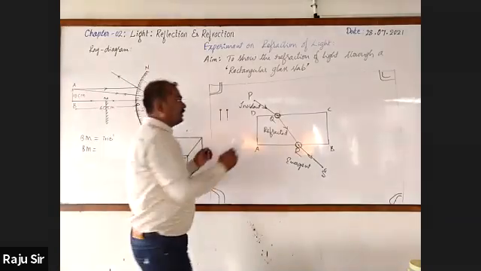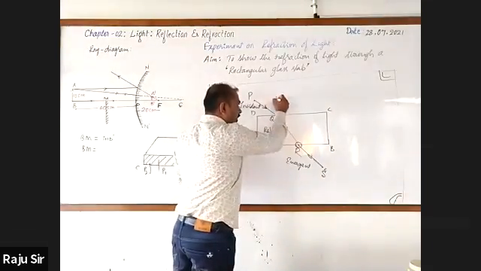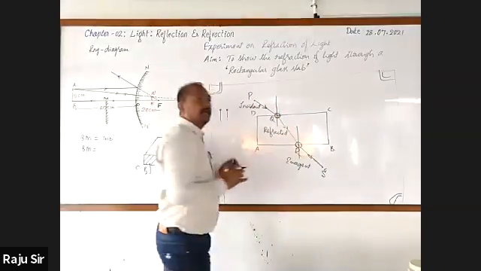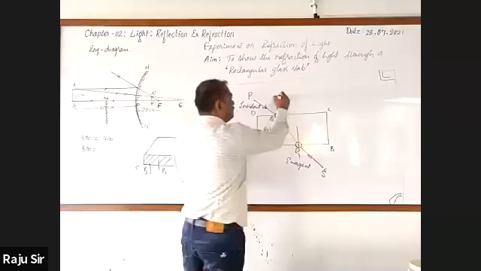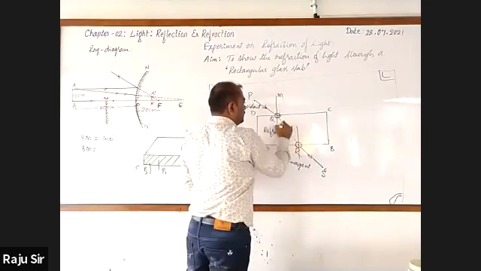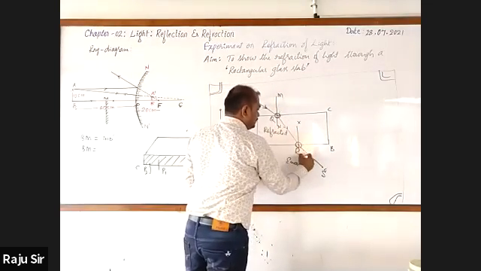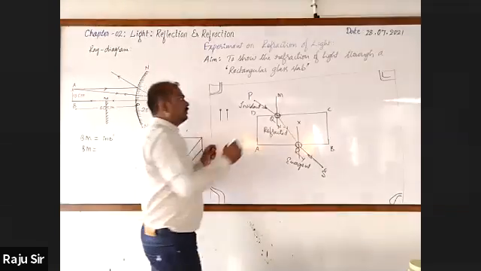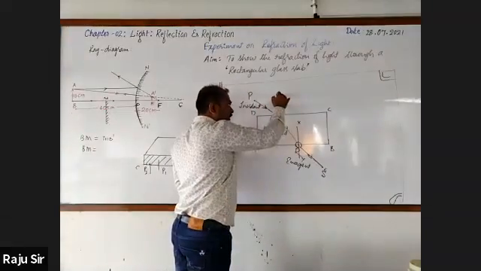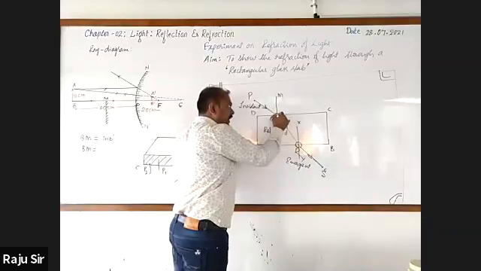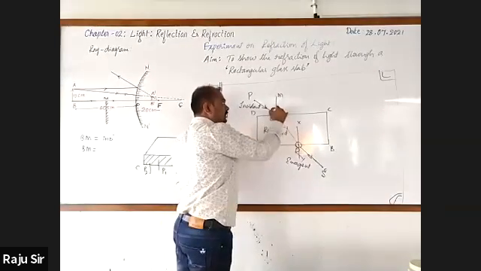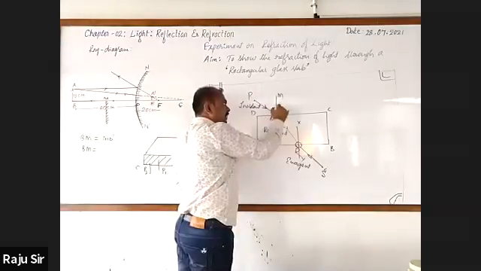Now let me draw a normal at the point of incidence as well as the point of emergence. I name them MN and XY. Now you can notice that by drawing the normal at the point of incidence, an angle is formed by the incident ray and the normal.